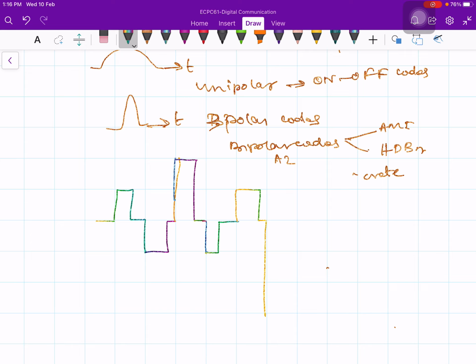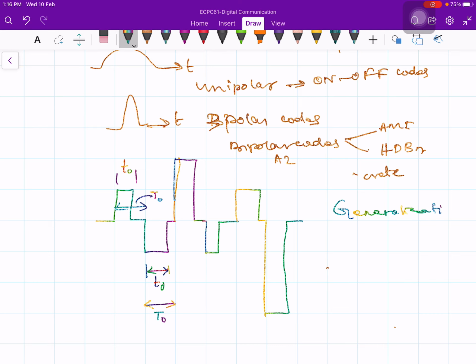Now this on duration is called small t naught, and this total duration is called capital T naught. Here also the on time is small t naught, and this whole duration is capital T naught. That's what I want to show. You can design the pulse. This is a generalization.